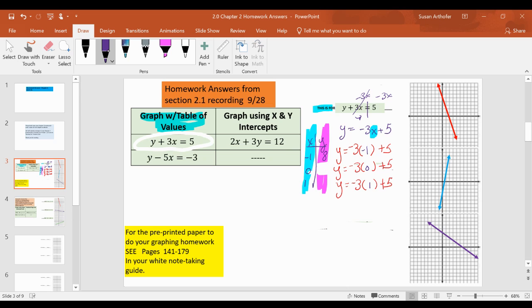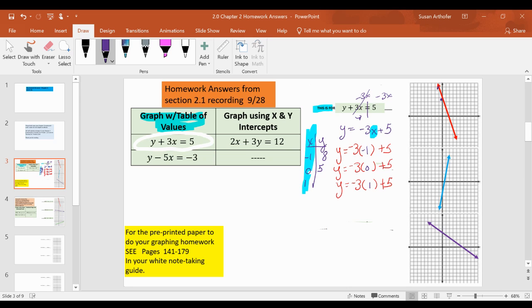So then you can plot the dot over 1 up 8, and that would be up here. The next one, -3 times 0. Let me erase this because it's in the way. -3 times 0 would be 0 plus 5 would be 5. So then you plot 0, don't move, up 5, and you get this dot.